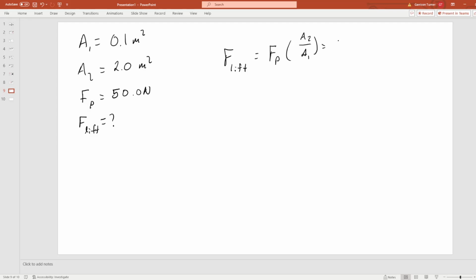So this is 50 newtons times 2.0 square meters divided by 0.1 square meters. And so this is a factor of 20. So 20 times 50 is 1,000.